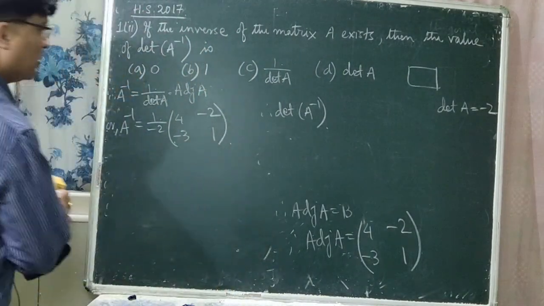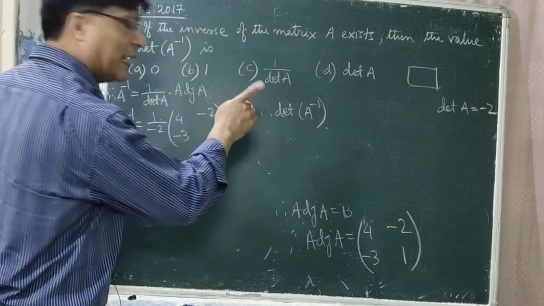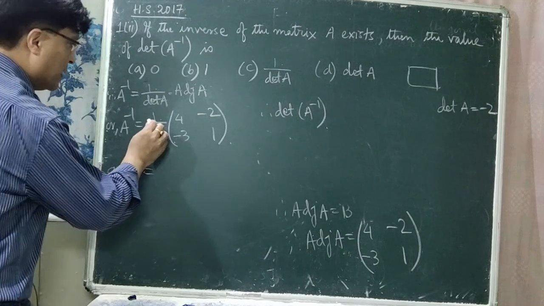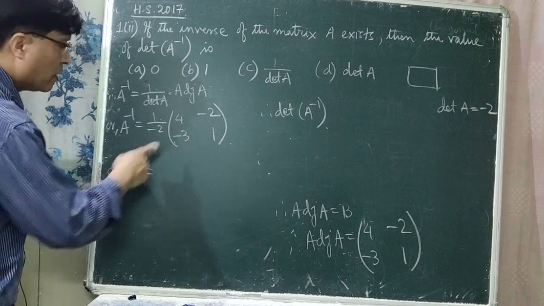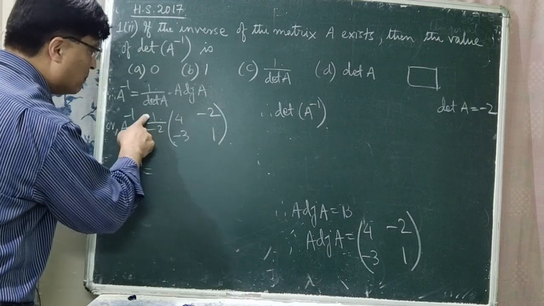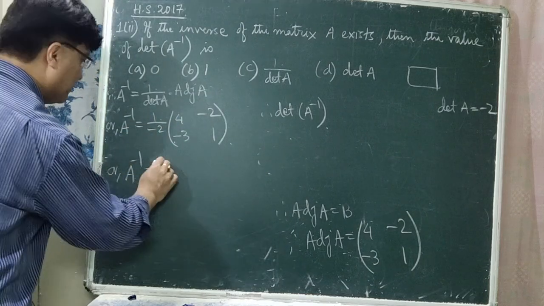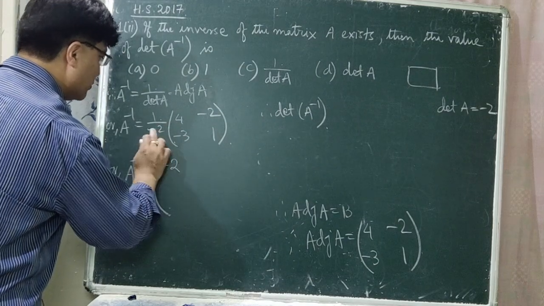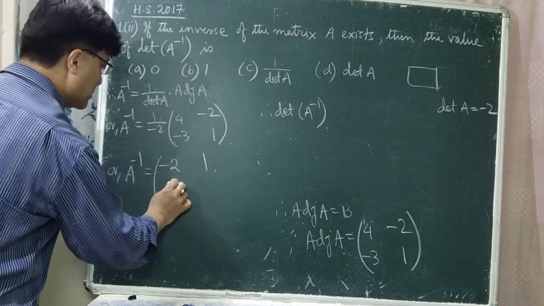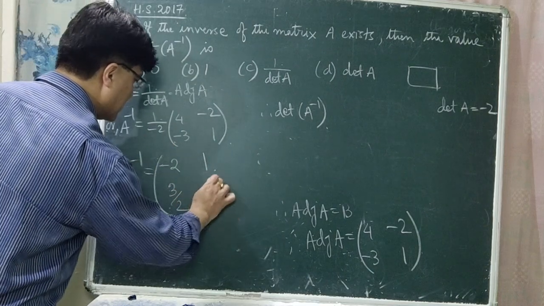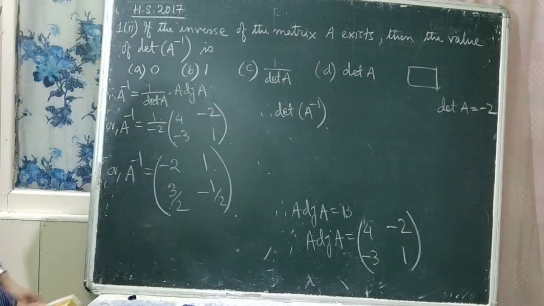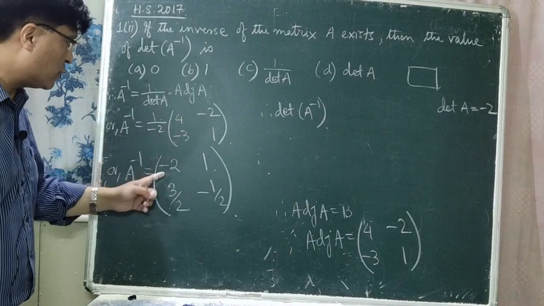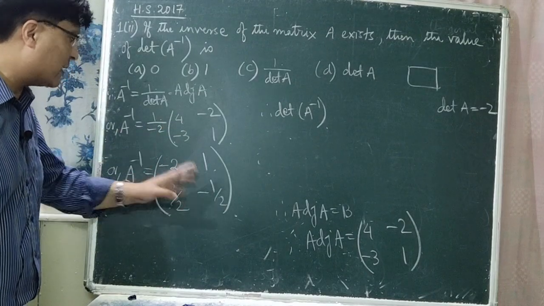So now, for the determinant of A inverse, this is the case of a matrix, so all the elements of the matrix must be multiplied by -1/2 first. How much is it now? -2, then plus 1, then plus 3 by 2, and this is -1/2. All the elements of the matrix are multiplied by -1/2, so we get -2, 1, 3/2, -1/2.